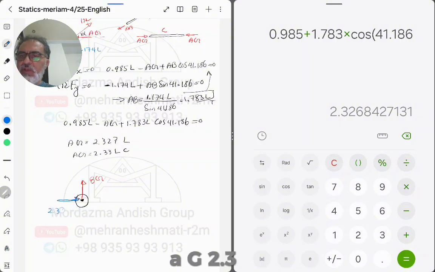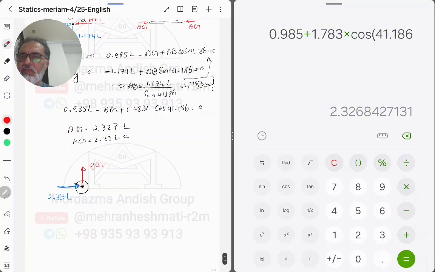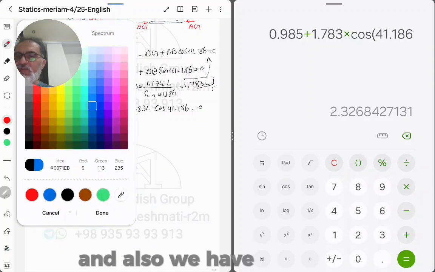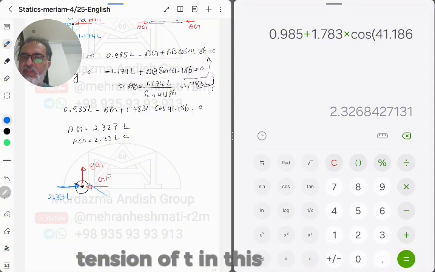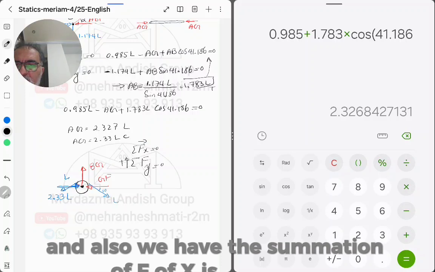AG is 2.33 L, and we have GF, and also we have two known tension of T in this direction, L and L. So we use the summation of F of y is equal to 0, and also we have the summation of F of x is equal to 0.